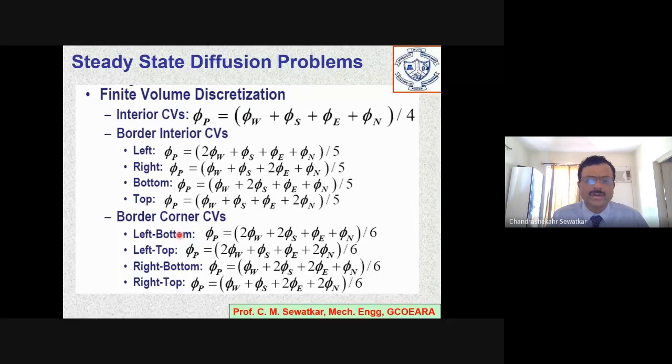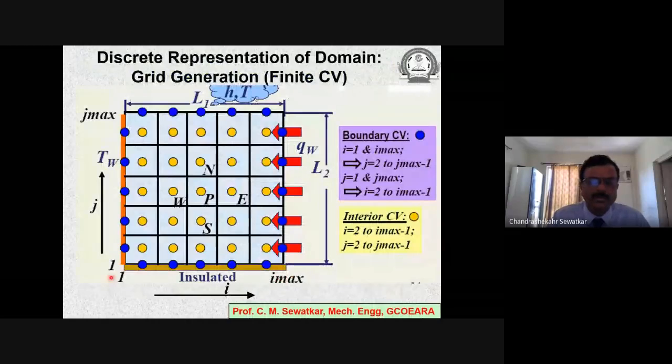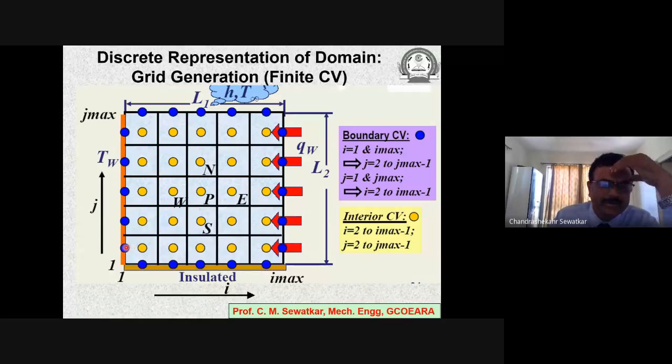Similarly, I will explain how to obtain the expression for the border control volume also. One of the corner control volume, and the rest of the equations you can understand. For example, if I'm considering the left bottom corner control volume, then my delta xw is half delta x, and my delta ys is half delta y.